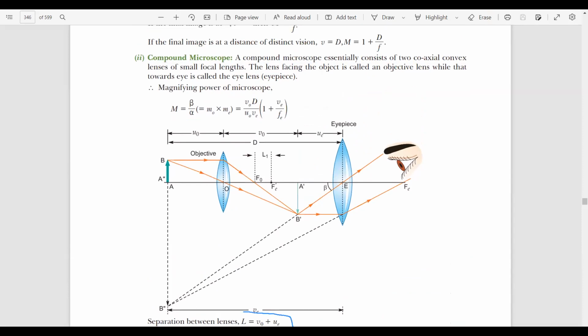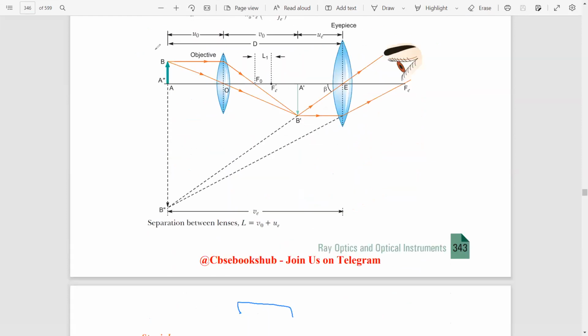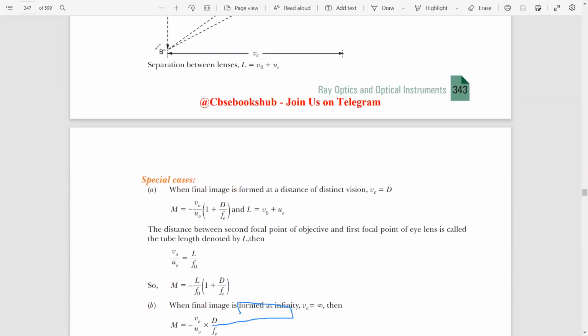The separation between the two lenses is Vo plus Ue. Some special cases for that.